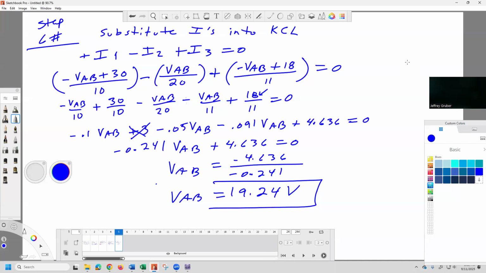So what I did was I drew the circuit from yesterday. And I don't know if anyone can see the mistake I made right out of the gate. I called this a node. I called this a node and this a node.